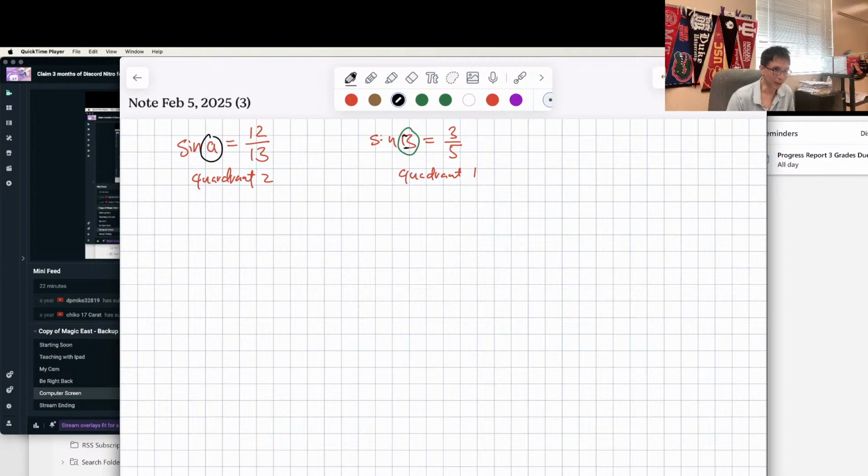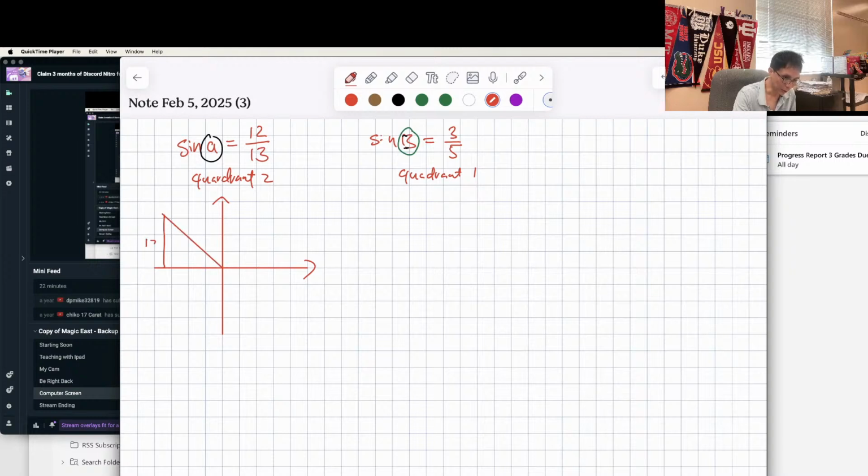A lot of people make it really hard, but just understand there are two angles. I'm going to draw them, and since it's quadrant 2, it's going to be here.